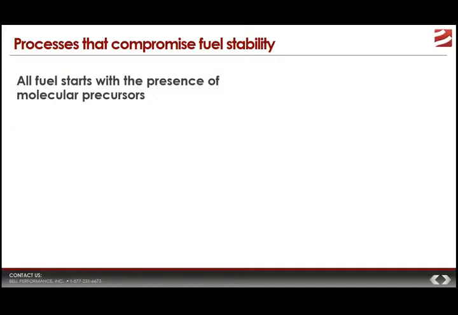Well, first of all, we have to start with the fact that all fuel starts with the presence of certain unstable molecules, what we call molecular precursors, that are already existing in the fuel. Some fuels will have more of those, some fuels will have less. Now, these molecular precursors float around in the fuel, and because they're unstable, inherently they want to react with other things to try and make themselves stable.